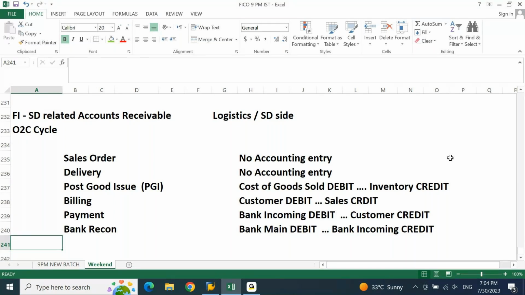When you're stocking out your material, you need to pass an accounting entry crediting your inventory. Whatever the value that you have in your inventory, this amount will have to be credited, in short, reduced, to the extent of what you have delivered to your customer. Only after delivery, billing is possible in SAP. Without delivering the product, you cannot bill in SAP.